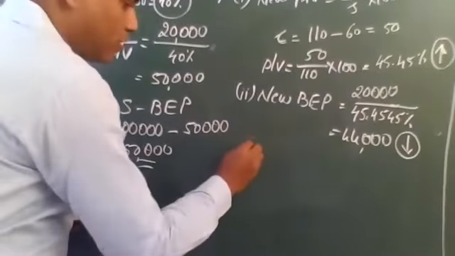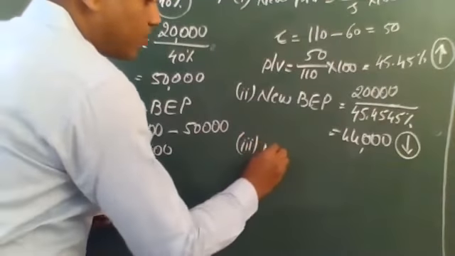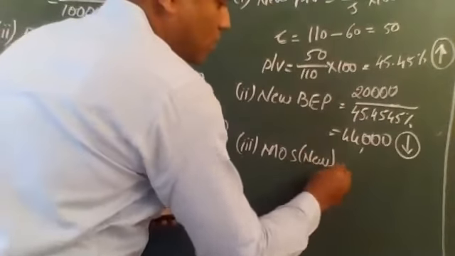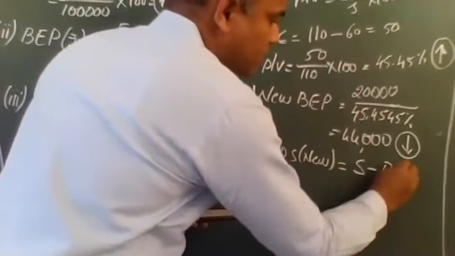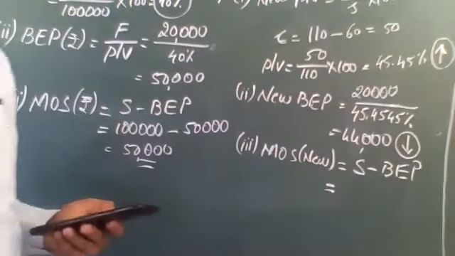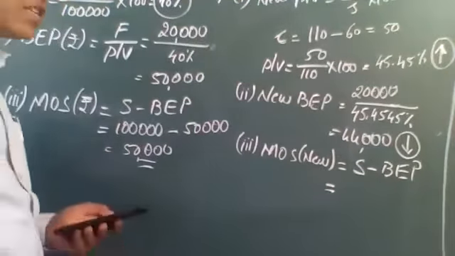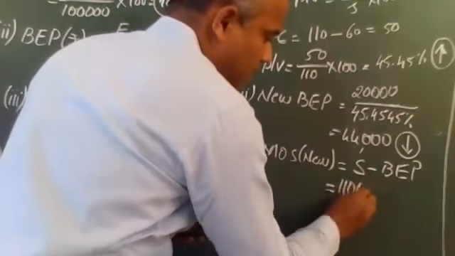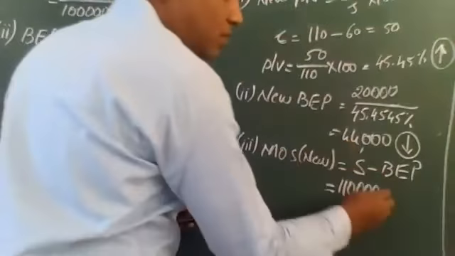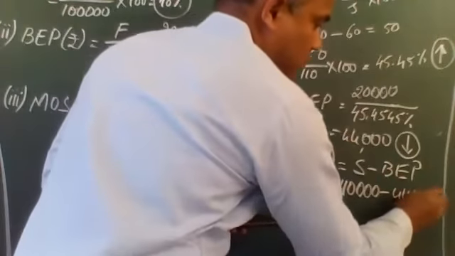Now one more, he's asking MOS. What happens to MOS? What is the MOS formula? The new MOS is sales minus break-even sales. My new sales, guys, what is the new sales? 10% increase. So it will be 1,10,000 rupees minus my new break-even of 44,000.